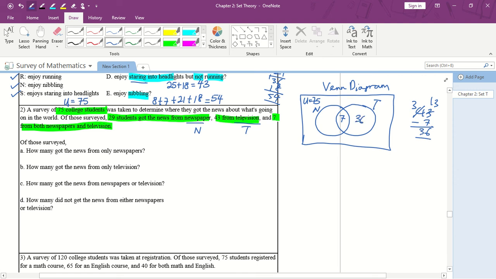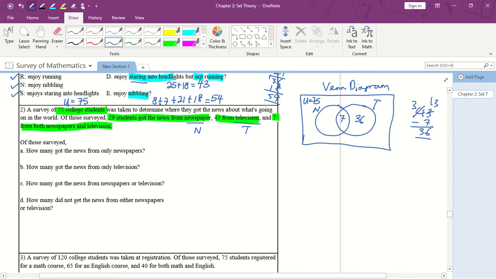And 43 from television is the whole thing. Okay? If they want to say only this region, that means not including the 7, they will say 36 from television only. Okay, remember the keyword only. If they say only, it means that it doesn't involve the intersection part. So let's continue. Another one says 29 students got the news from newspaper.